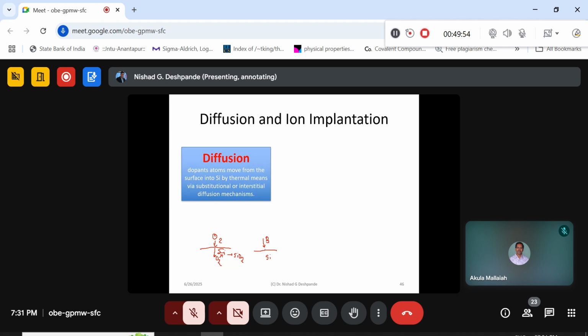This boron will come to the surface of silicon and start interacting. It will move into the bulk part of the silicon and try to interact with the silicon. If I have a controlled process, no problem, I might have something called silicon borate formed there. I'll not go into the balancing of this particular case.